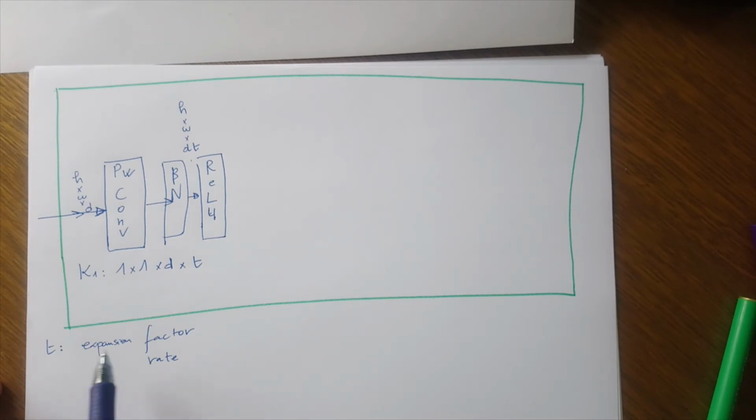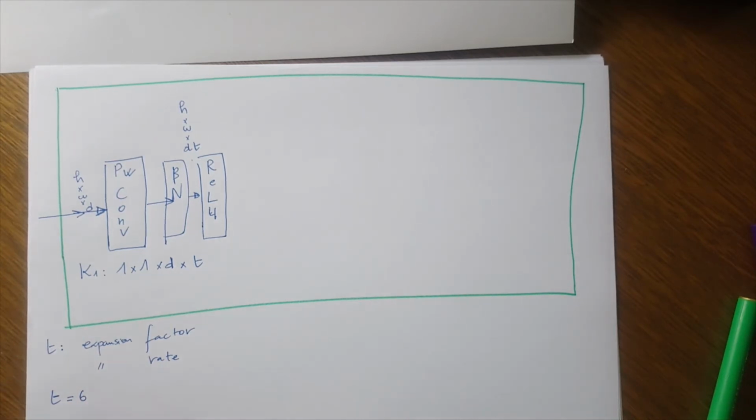They found that the best value for t, except for the first layer, in all other layers of the architecture, was 6. So t was equal to 6. That is, if we have an activation, we expand the number of channels by 6. If we have 3 channels, then 3 times 6 would be the number of channels.